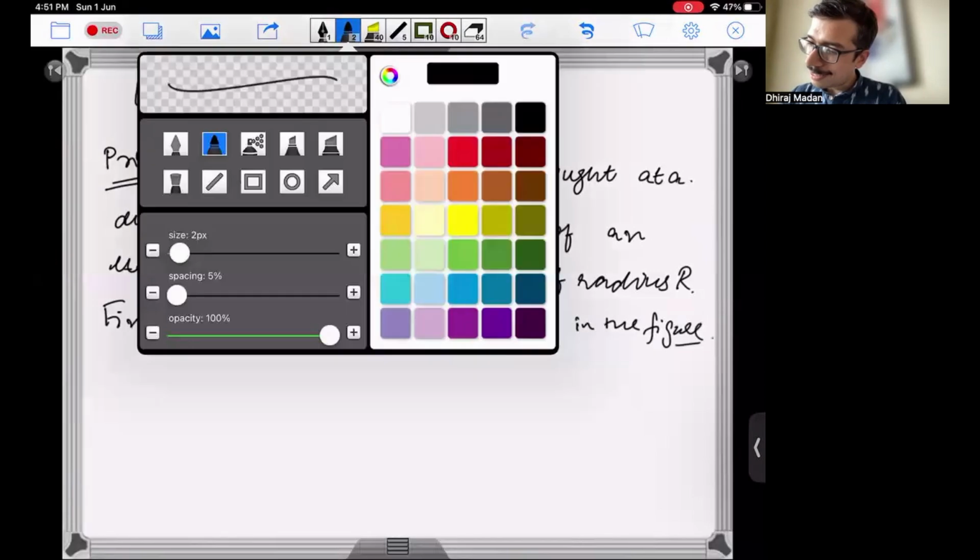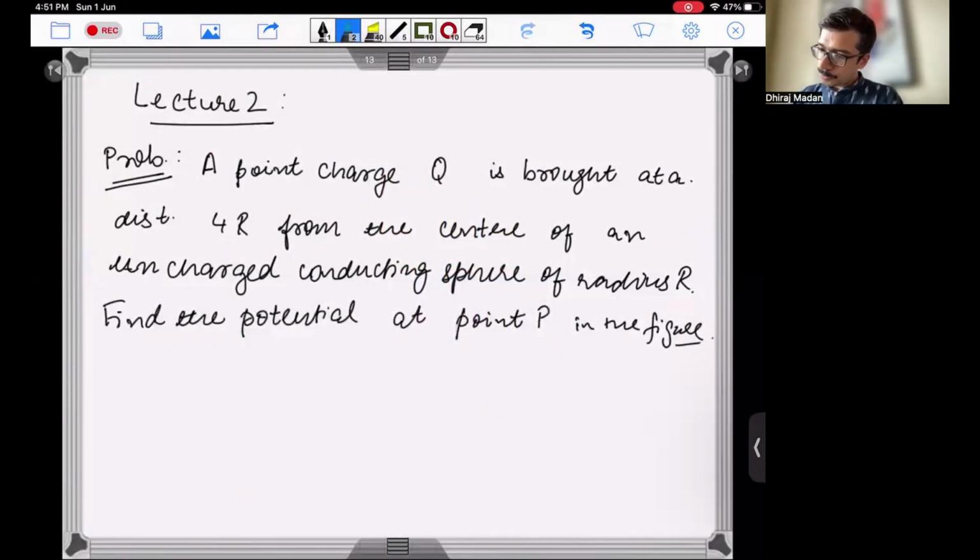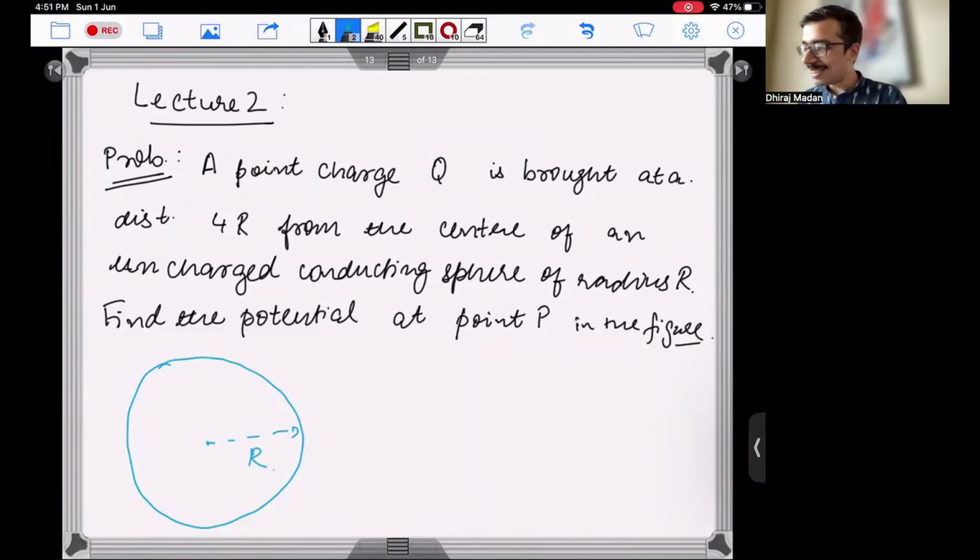So this is as follows. Basically, there is an uncharged conducting sphere. The radius is R. My drawing is not that good, but just assume that this is a sphere. Or I can draw again maybe.